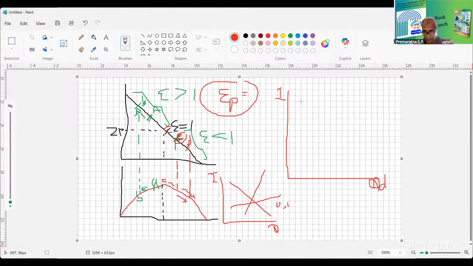Now, in many cases, in the same good you can see these 3 properties.